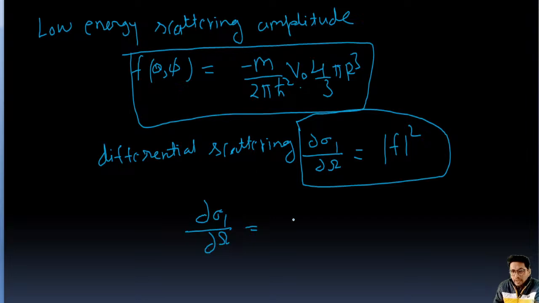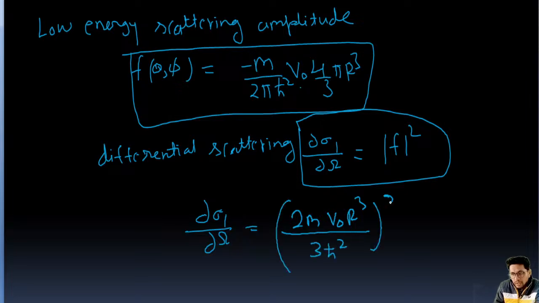So after solving, because that is |f|² whole square, it is (2mV0 r³ upon 3ħ²) whole square. So now what we have done is we have changed V0 to 2V0.